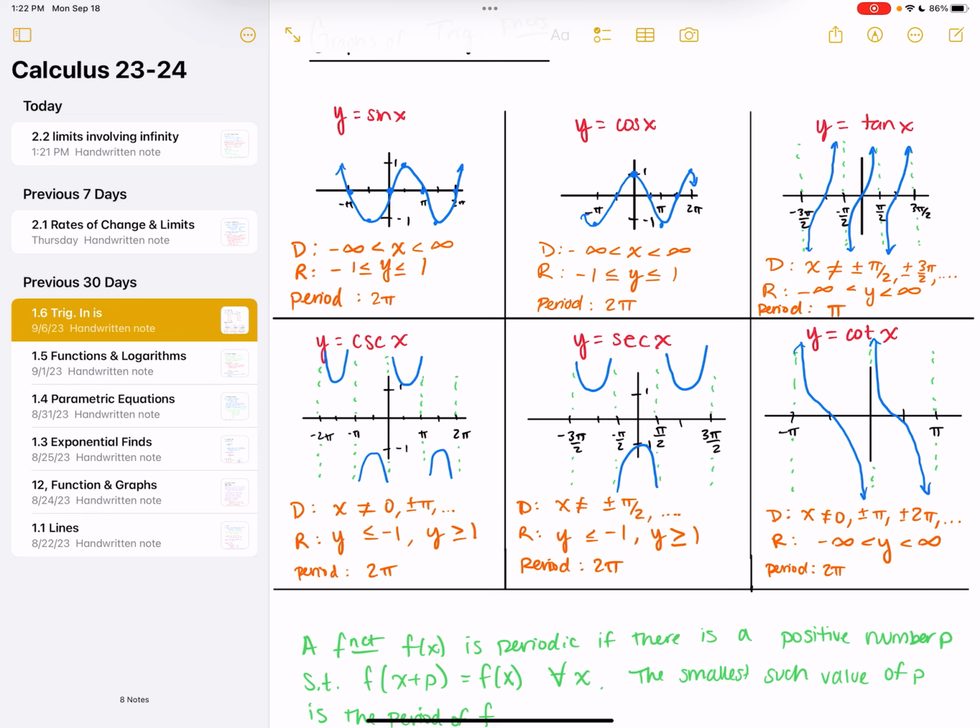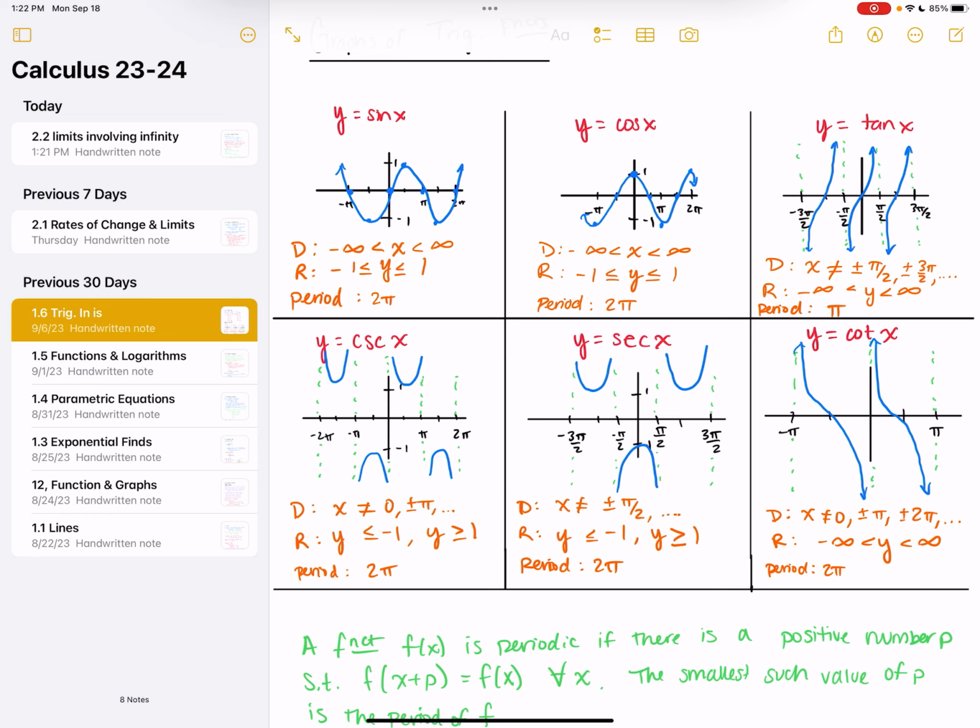Calculator, that's upside down. So. These are upside down.